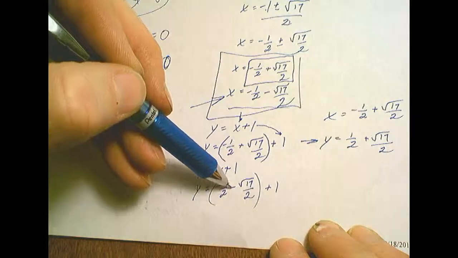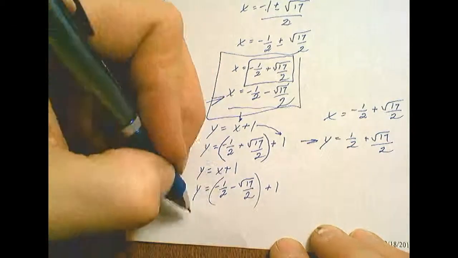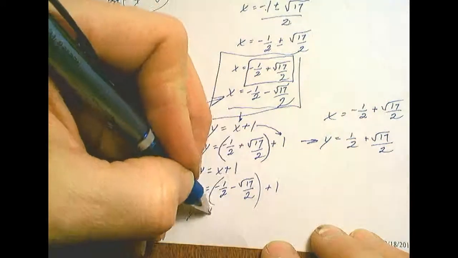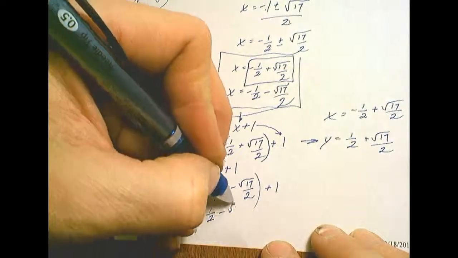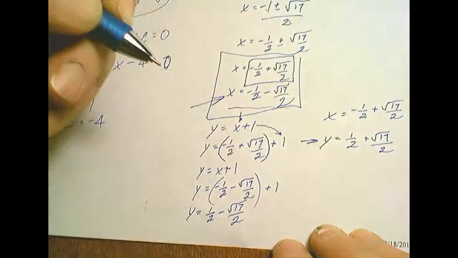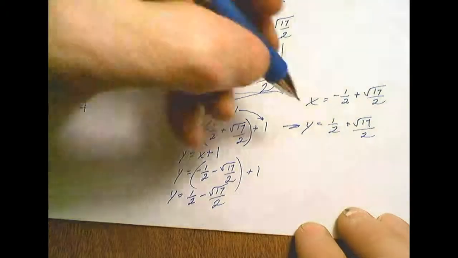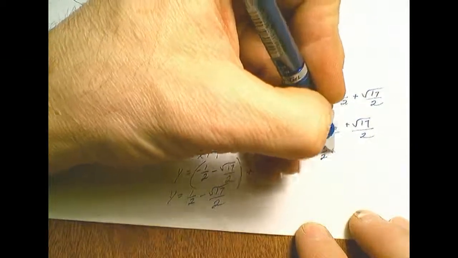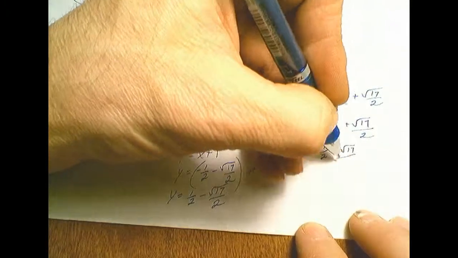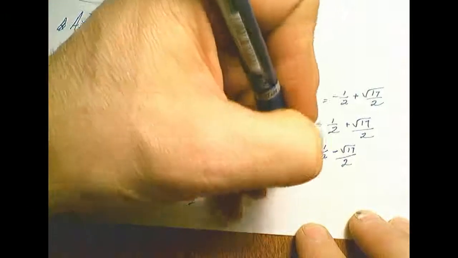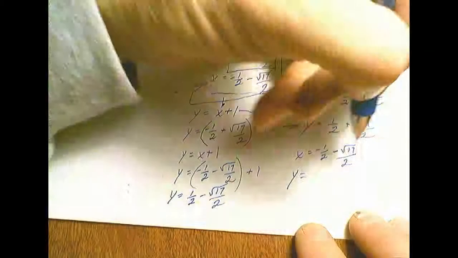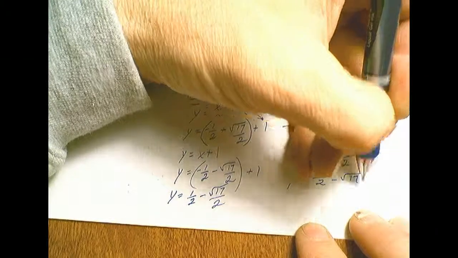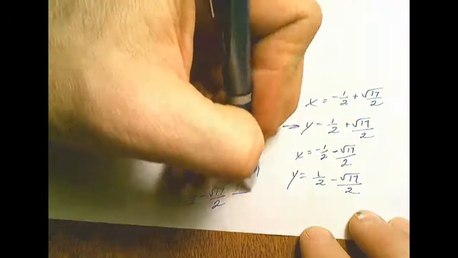When I use the minus sign, I'm getting y equals -1/2 plus 1, which is 1/2, minus the square root of 17 over 2. So when x is -1/2 minus the square root of 17 over 2, my y value becomes 1/2 minus the square root of 17 over 2 from here.